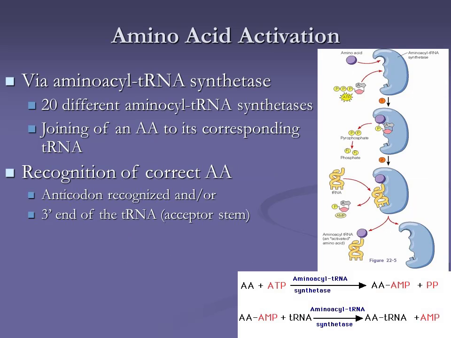So how do we get amino acids and transfer RNAs together? And that's with an enzyme called aminoacyl tRNA synthetase. This is going to require energy. Here's our ATP. ATP comes in, and we can see that our ATP binds.